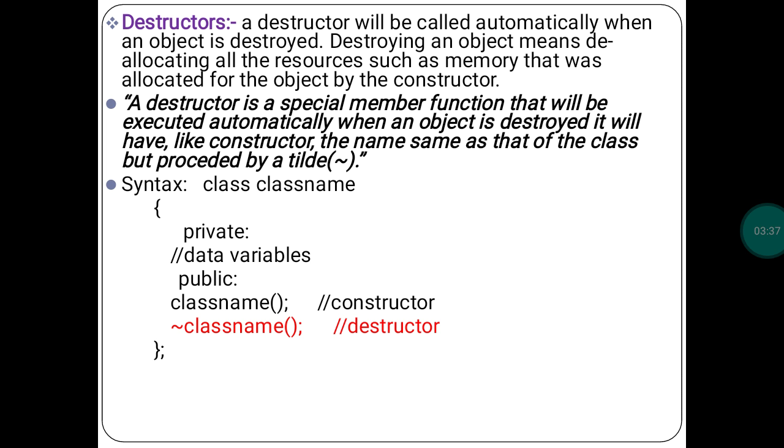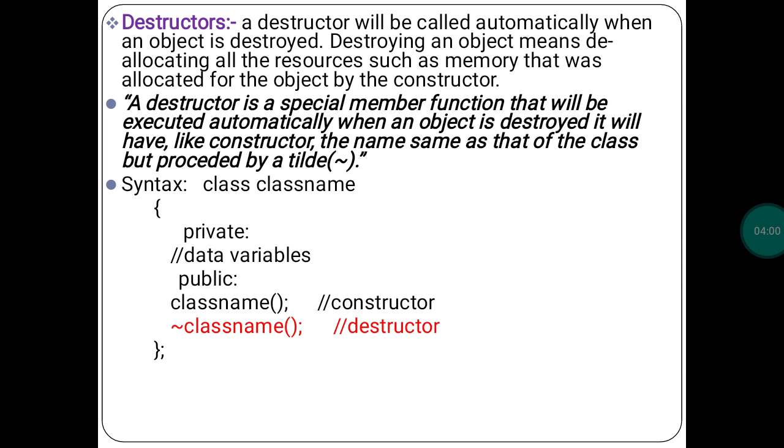Then see the syntax of the destructor. Class is a keyword, and the class name is the name of the class. You can give any class name; that depends on you. Open the braces, then private: the data variables.